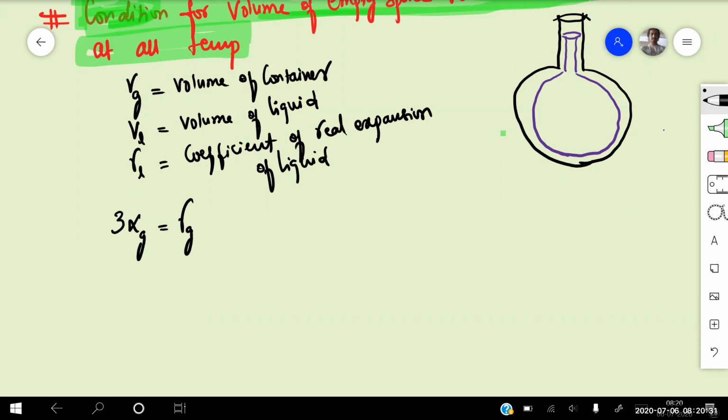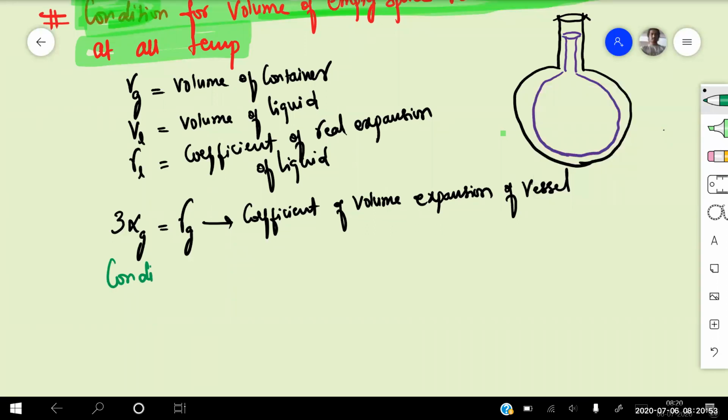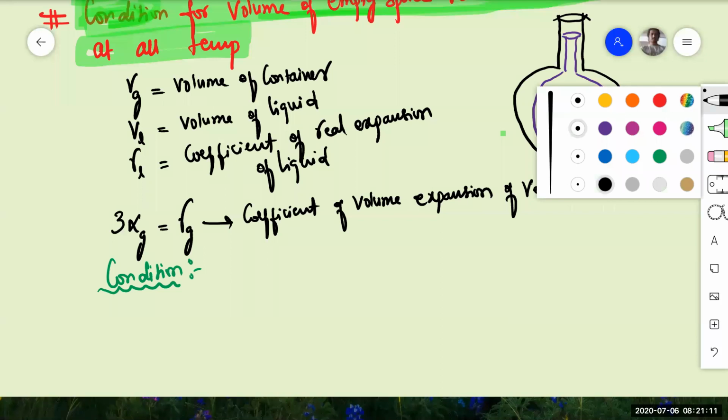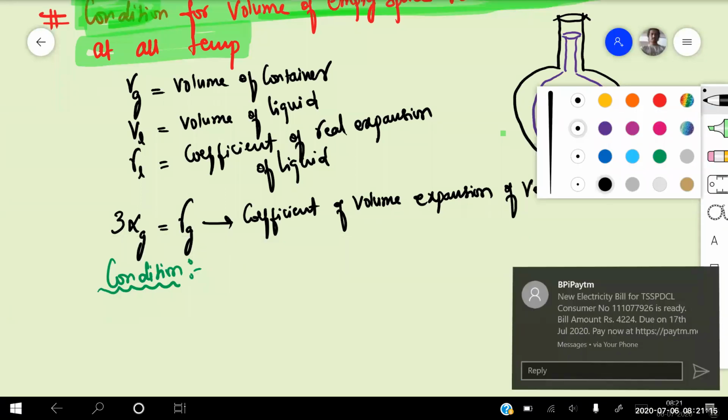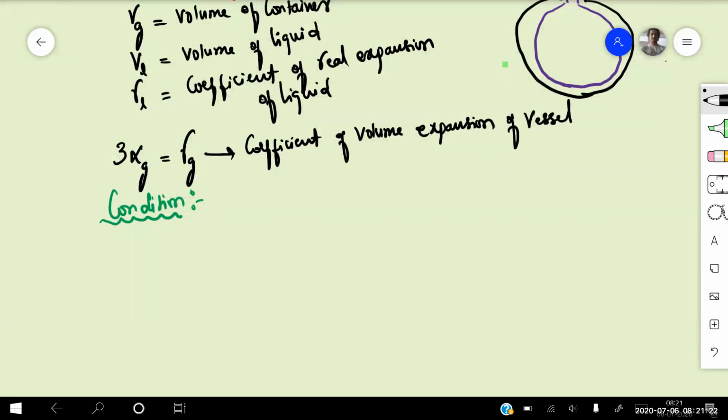This is nothing but, beta, the coefficient of volume expansion of your vessel. Very important point, the condition.